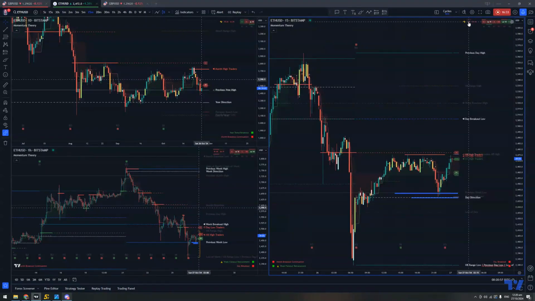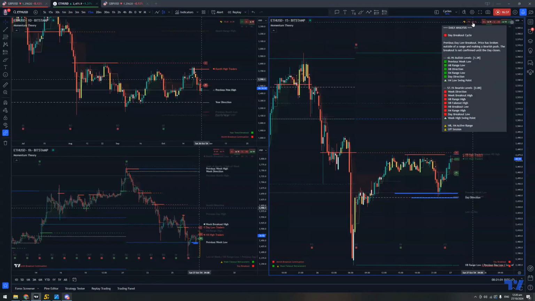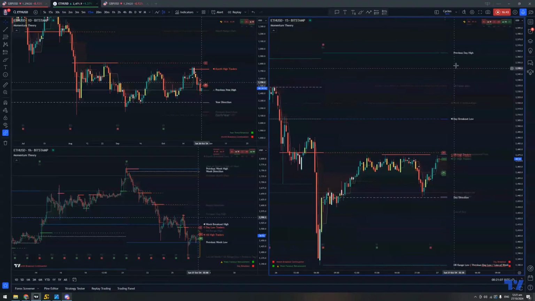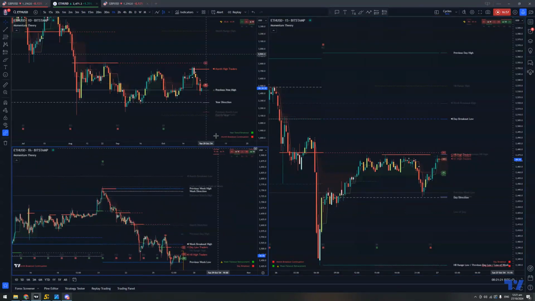So this is telling me what the higher time frame trends are doing, and this is what's telling me what price action is doing right now. The color at the top and bottom here, the stronger the percentage, the more solid the bar is going to be.